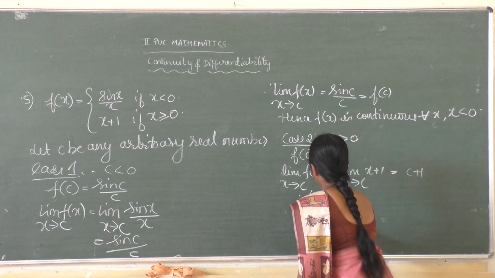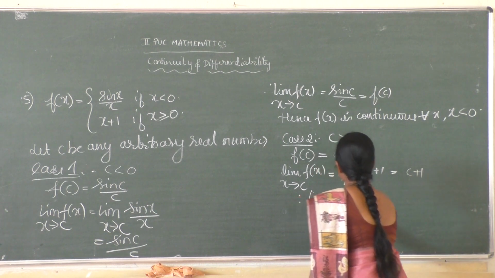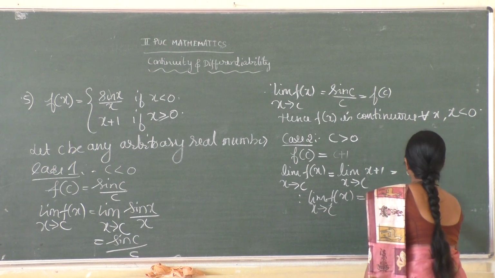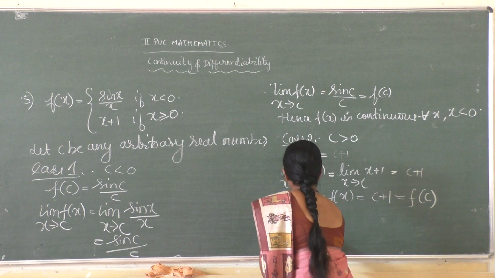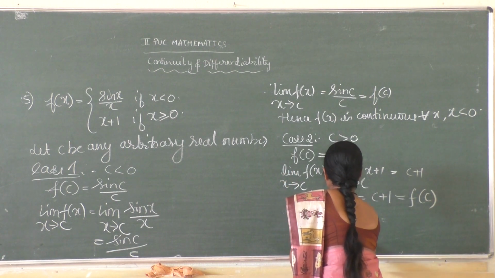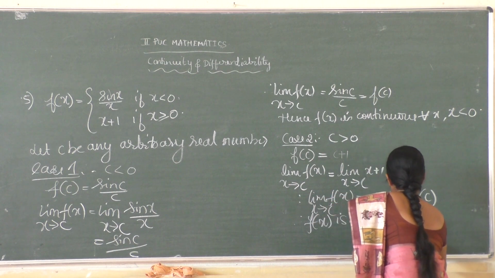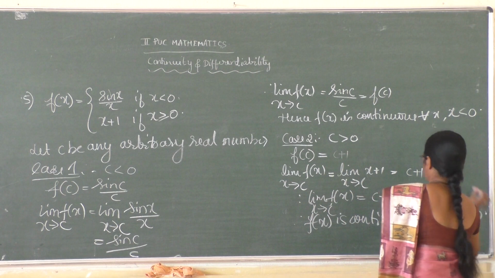Therefore the limit of f of x as x tends to c equals c plus 1, that equals f of c. Okay, therefore f of x is continuous for all x, x greater than 0.